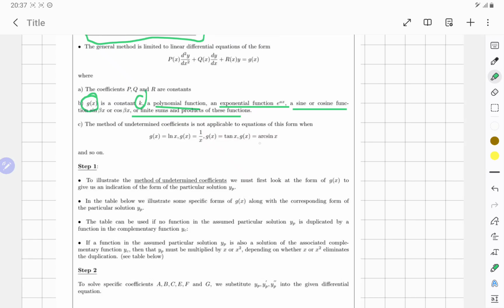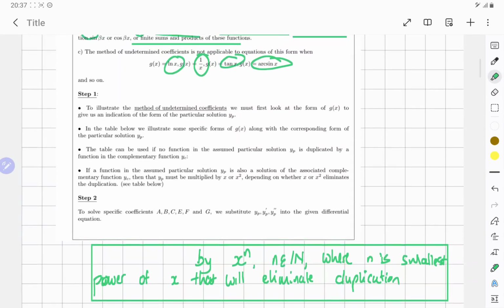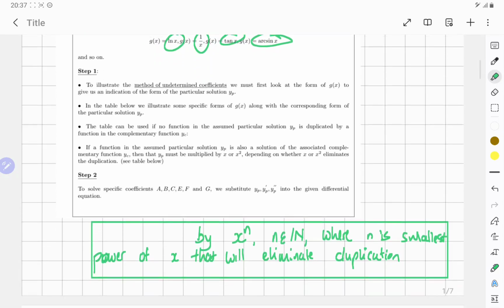We will never use the method of undetermined coefficients when our g(x) is any of these other forms. But more on that later while we're doing the examples.